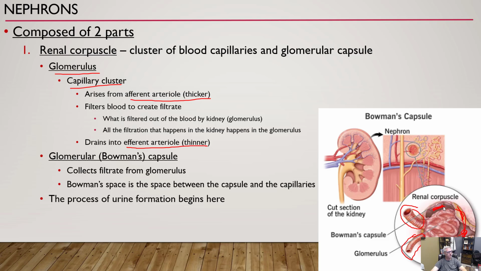Then surrounding it is the second portion, called the glomerular capsule, also known as the Bowman's capsule, and it collects that filtrate from the glomerulus. So the Bowman space is the space between the capsule and the capillaries. Eventually that filtrate is going to drain off that right-hand side there. And this is where urine formation begins, with filtration. Like I said, we'll talk about filtration later on.